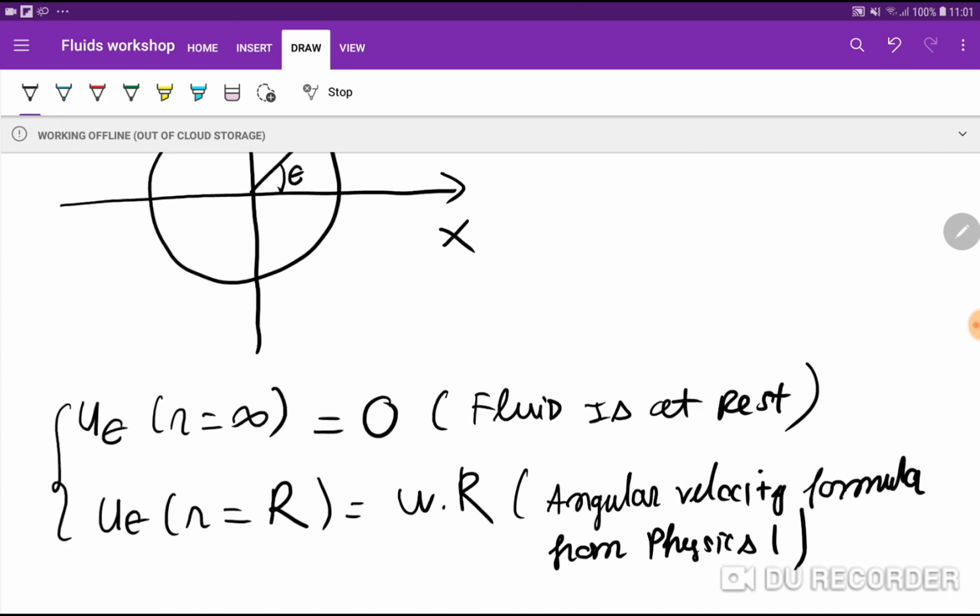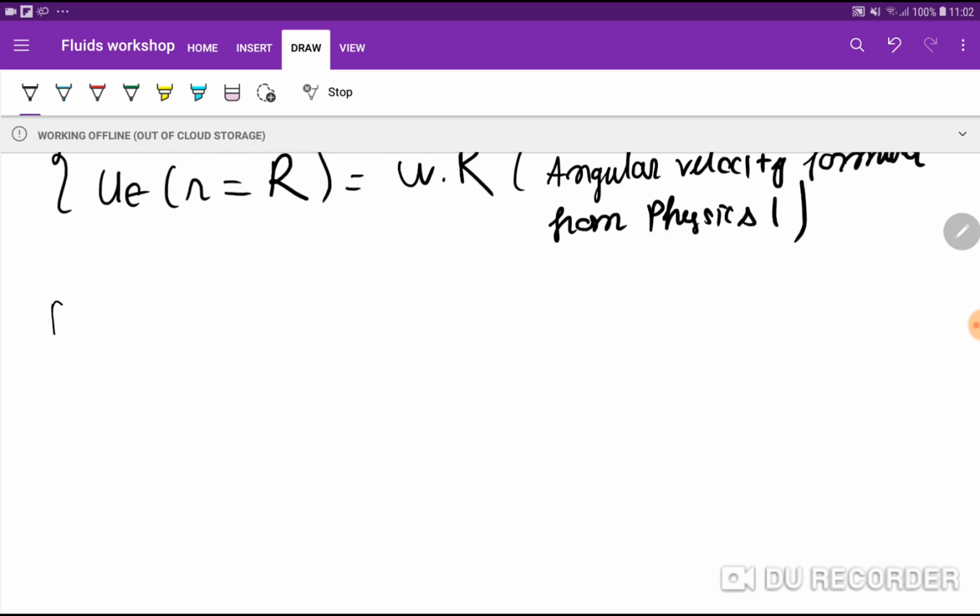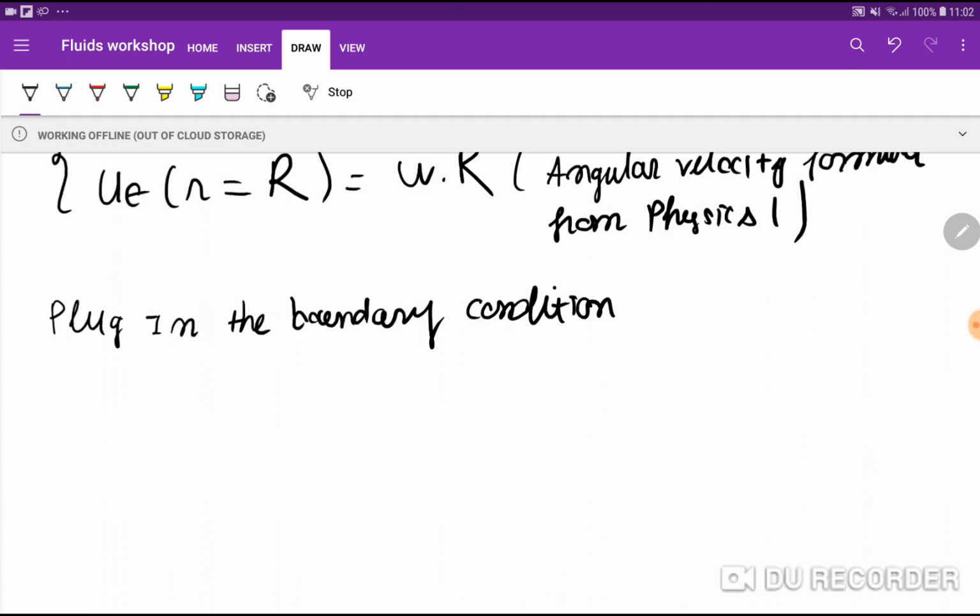Okay, now after that you can definitely plug it in. So let us plug in the boundary condition. Okay, so what do you have?